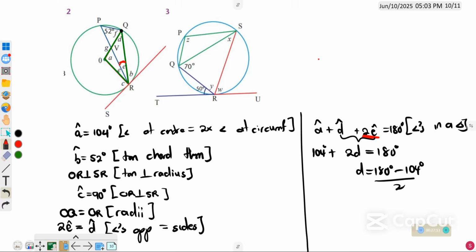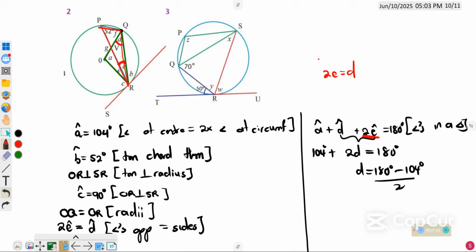We just found angle E, right? Because after finding D, you just divide D by 2 to find E, because 2E is equal to D. Which means now you will have this angle right here, and you have this. But if you focus on that triangle, sum of angles in that triangle will give you angle F, right?